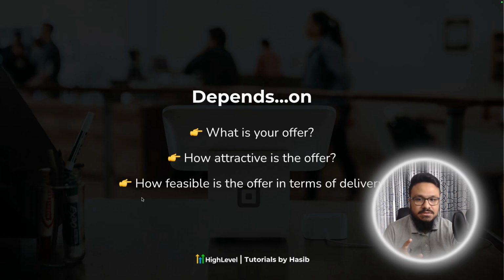It also depends on how feasible it is in terms of delivery. So if your offer is not feasible enough for you to deliver, people are going to say, okay, this person is totally making things up and it most likely seems like a scam. Or they're going to leave their details and it's going to be not possible for you to deliver, which is also bad business. These three things you need to keep in mind when actually designing your meta ad campaign before publishing the campaign.